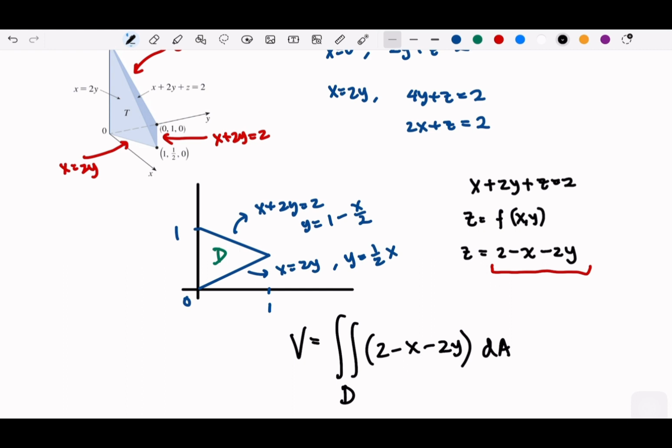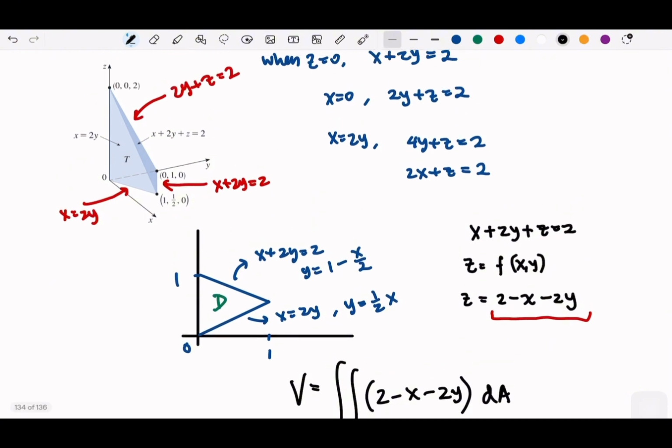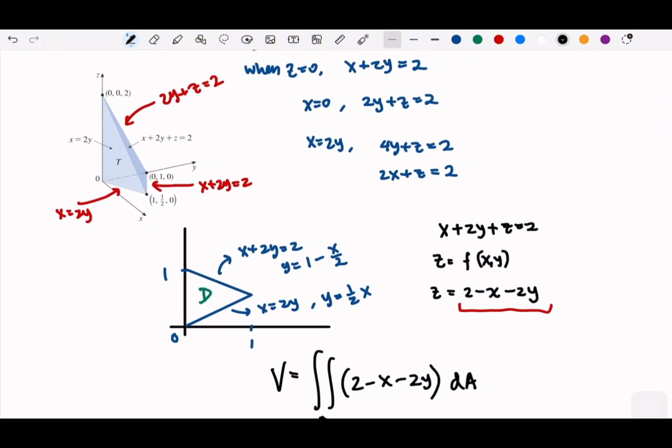If you want to play with this, you can check using different projections. For example, you can use the YZ projection, which means you are going to use X as the function. So it's not always Z as a function of XY. You can use different variables as well.